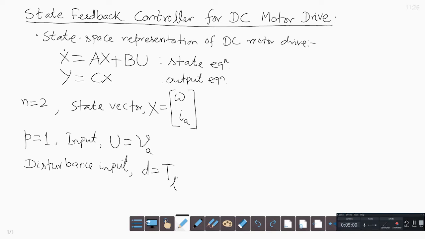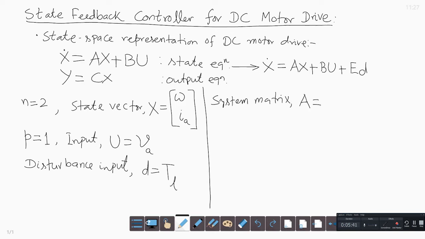With the load torque as a disturbance input, the state equation changes to x dot equals Ax plus Bu plus Ed, where d is the disturbance and E is the corresponding disturbance input matrix.